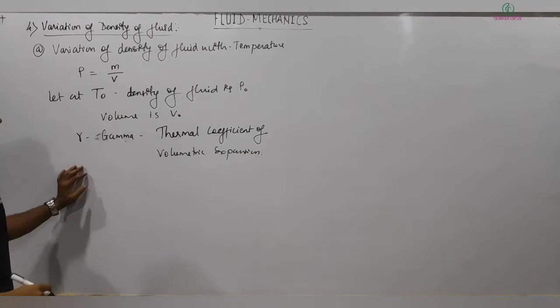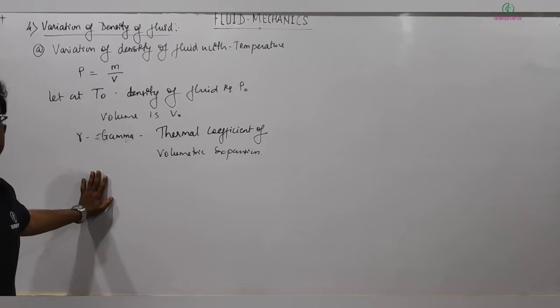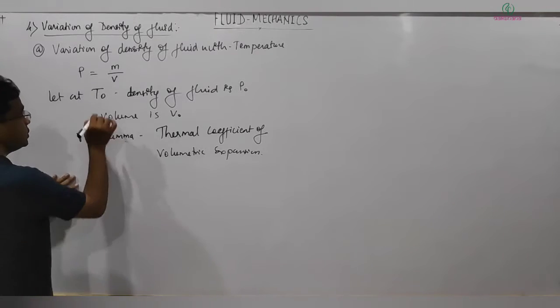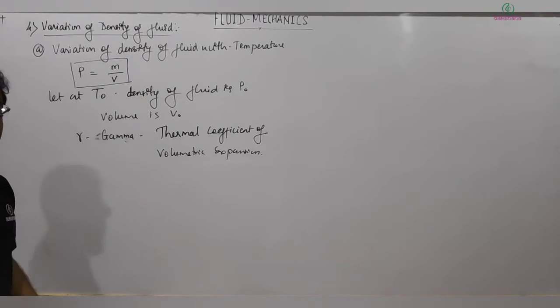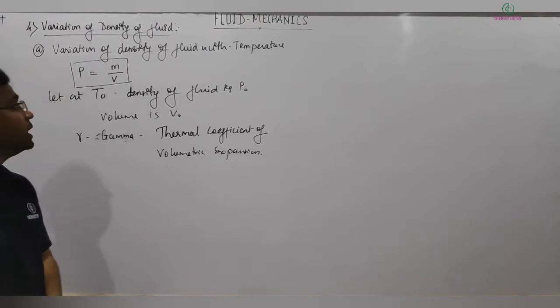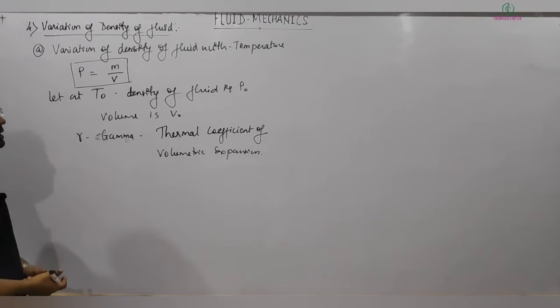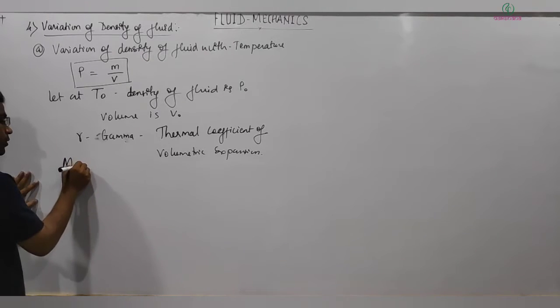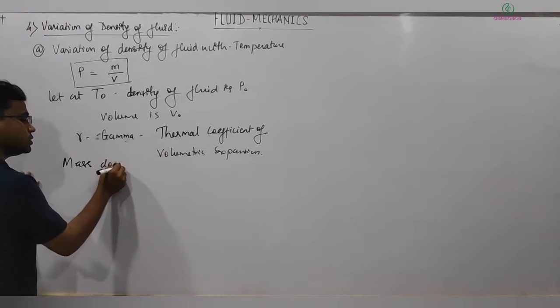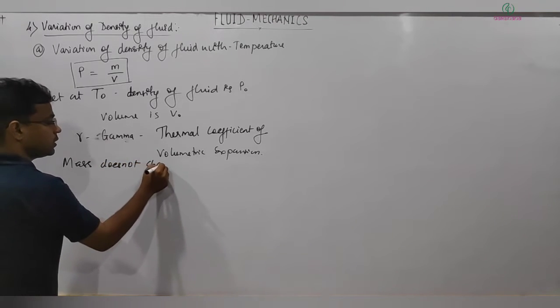So how does density change with change in temperature? Because we know density is equal to mass upon volume. If we are changing the temperature, you must be clear that mass does not change.